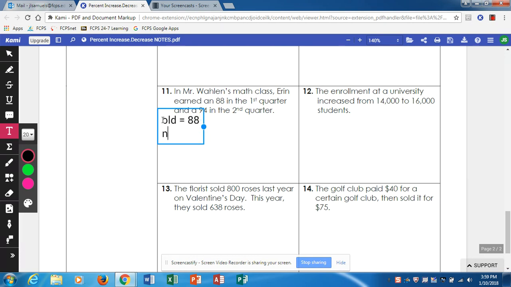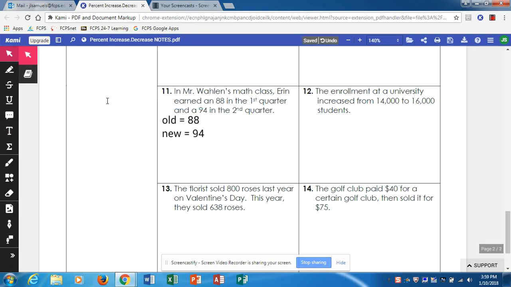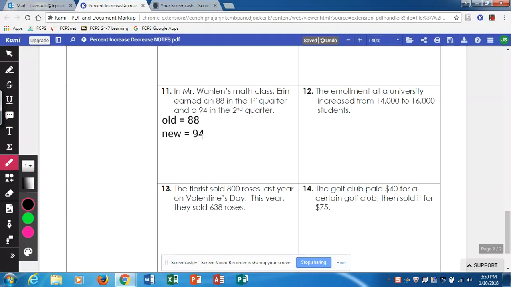Now her new grade, second quarter, ended up being a 94%. Okay. So now all we need to do is find whether this was a percent increase or a decrease. Well, clearly, if we're looking at the numbers, we went from 88% to a 94%. So we should know just by looking at it that it's going to be an increase. We just need to know how much it increased by. So let's go ahead and do it.